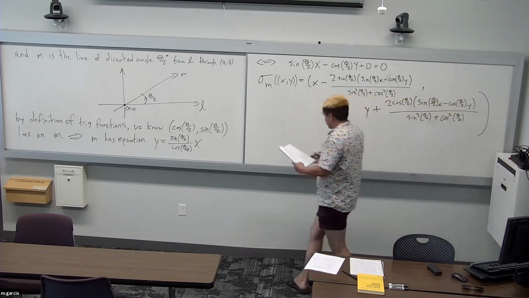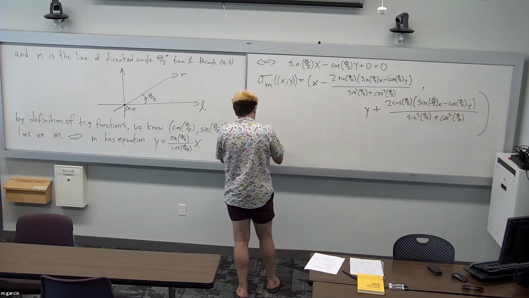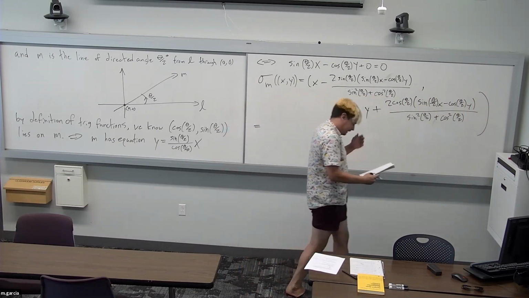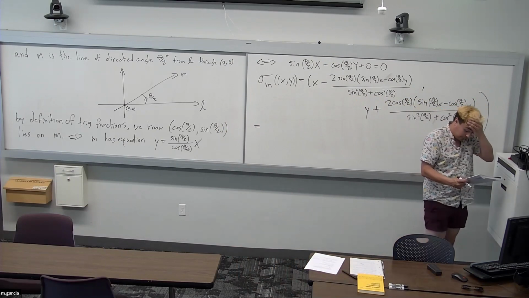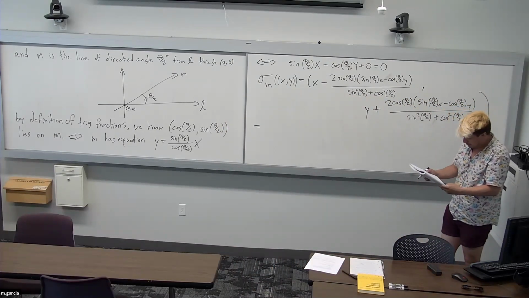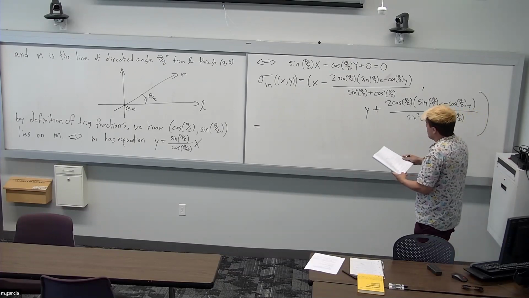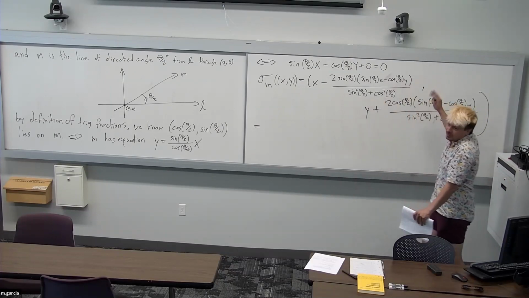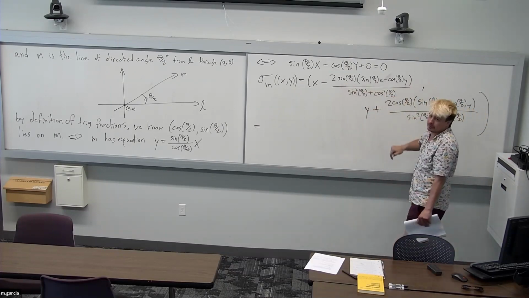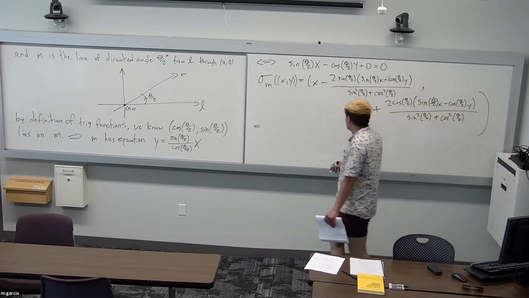So let me rewrite this in yet another form. I can exclude these denominators, they're just one. And now let me just distribute the outer terms.